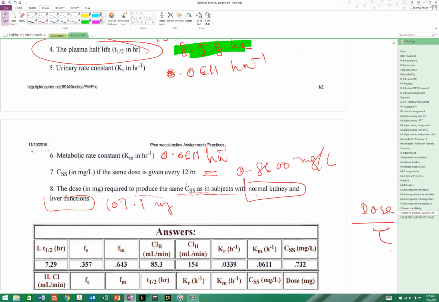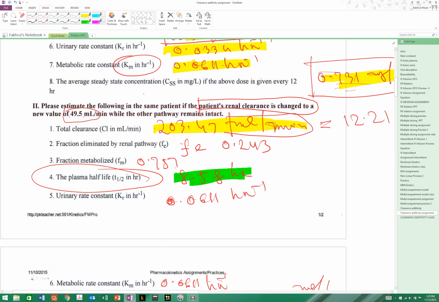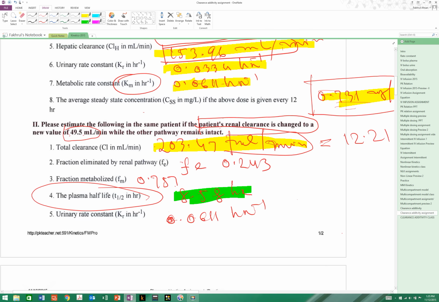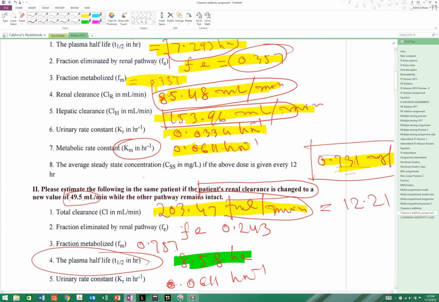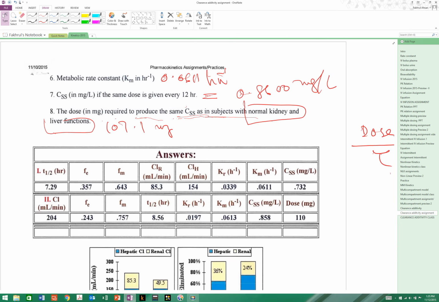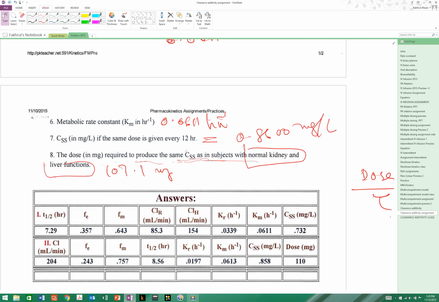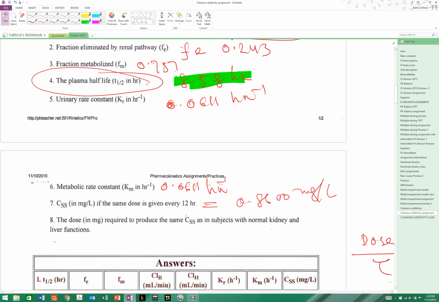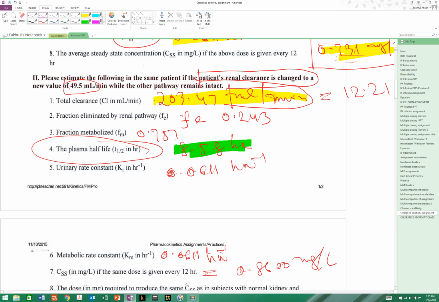That's why the dose has gone down: renal clearance is 49 versus 85, which is half, so the dose has almost been halved. This exercise will make you understand why the dose needs to be adjusted in a renally impaired patient, because his renal clearance has gone down.